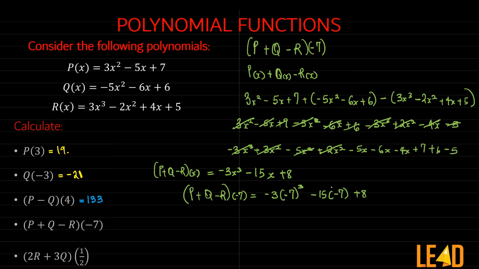Hold on, let me just check that. I think it's 343. So this is minus 3 multiplying minus 343. And then 15 by minus 7. That should be plus 105.